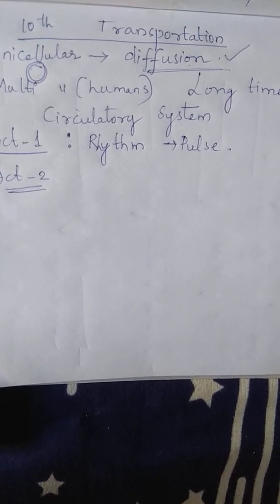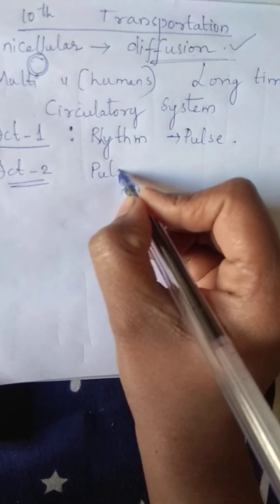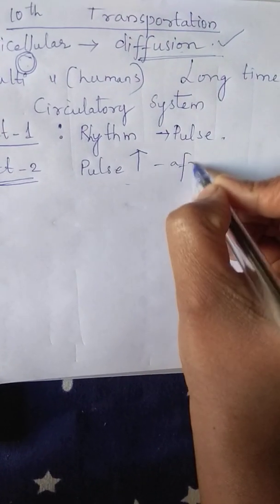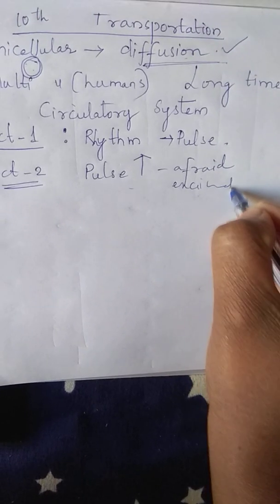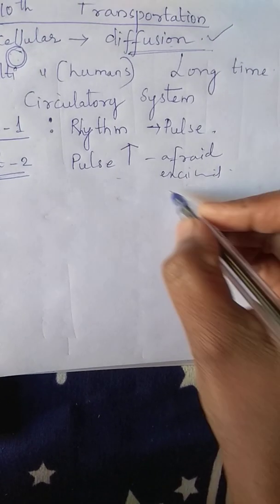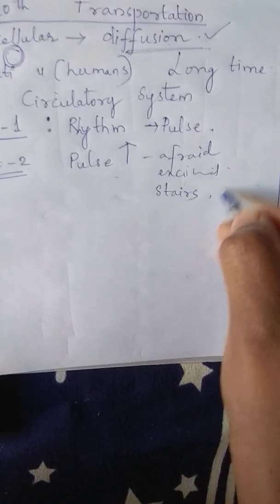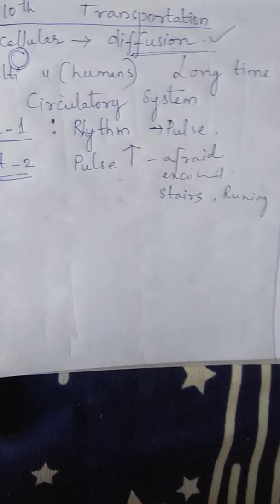When you are afraid or excited, the pulse will go up. Normal pulse will not be there if you are afraid of anything or excited about anything. And while you are climbing the stairs, going up in your building, or running, even at that time your pulse will rise.